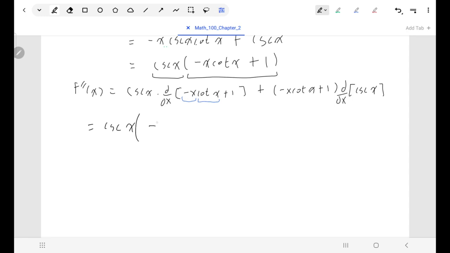First thing as it is, negative x times the derivative of cotangent, which is negative cosecant squared, plus the second thing as it is, cotangent, times the derivative of the first thing. The derivative of negative x is negative 1. And then plus 1, derivative of that is 0.